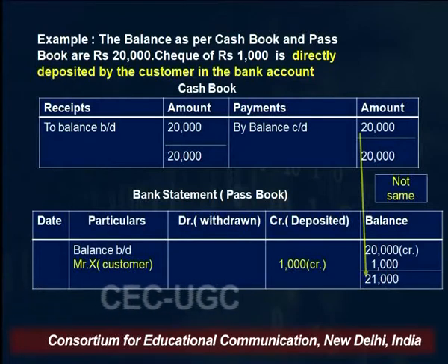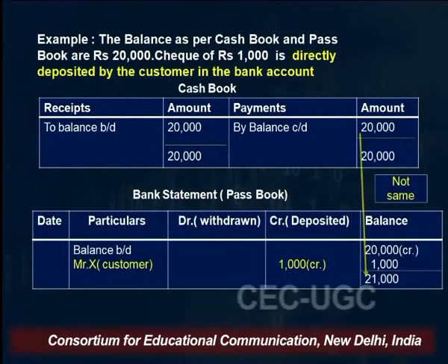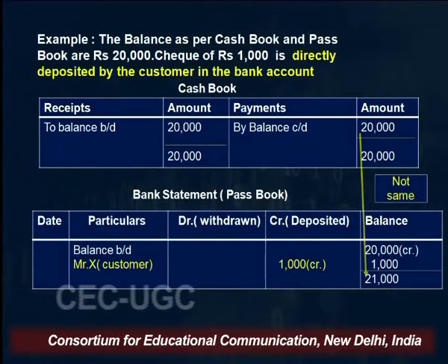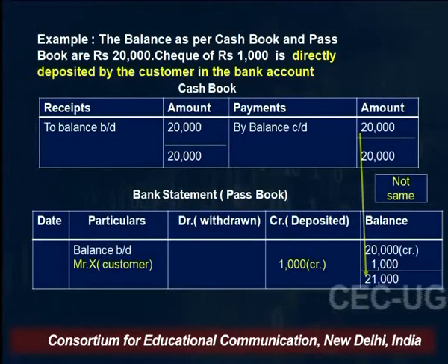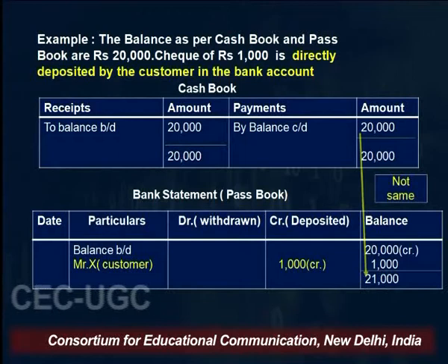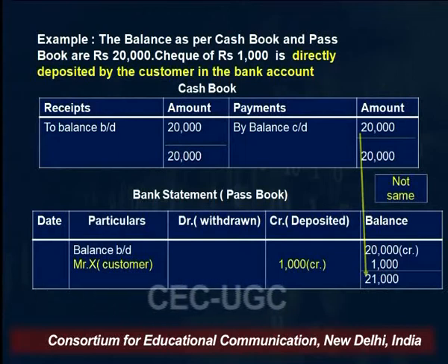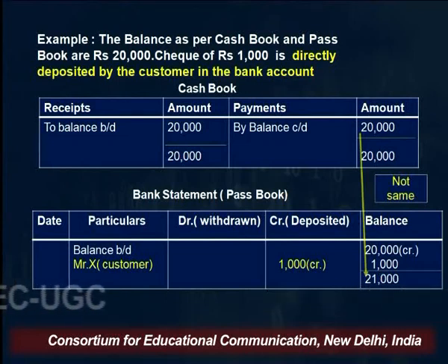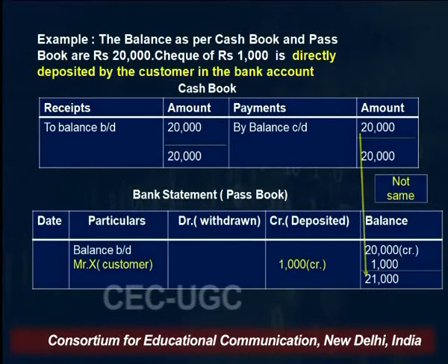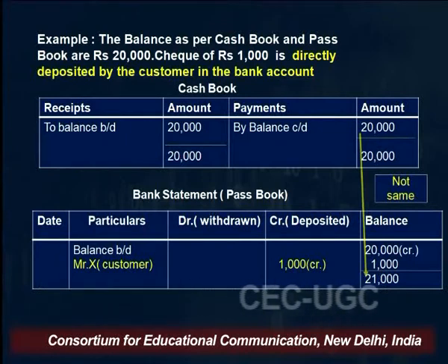As you can see, the balance of the cash book is 20,000, and the balance of the passbook, earlier 20,000, now has a transaction of rupees 1,000. This check is directly deposited by our customer into our bank account. So there is an increase of rupees 1,000 in the bank statement. So this balance comes to 21,000, whereas the cash book depicts 20,000 only.